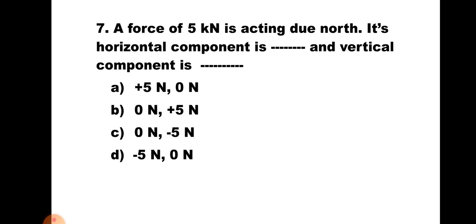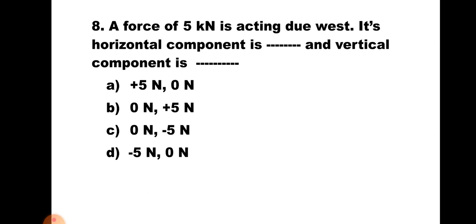Now here the force is acting due north, means it is acting vertically upward, means the force is vertical, so its horizontal component will be 0 and vertical component will be that force itself. Hence the horizontal component will be 0 and vertical component will be plus 5. Hence the correct answer is B, 0 Newton, plus 5 Newton.